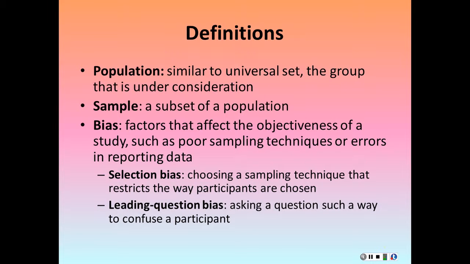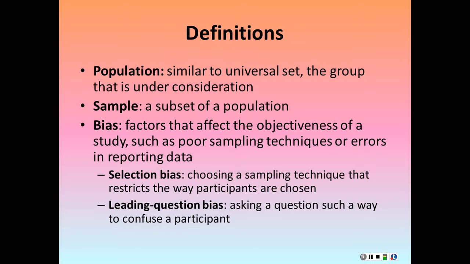For example, if you're doing a survey at a grocery store, and you ask them a certain question, maybe even a political question, but you only ask it to, for example, women between 9 o'clock and 11 o'clock in the morning, that'd be selection bias.